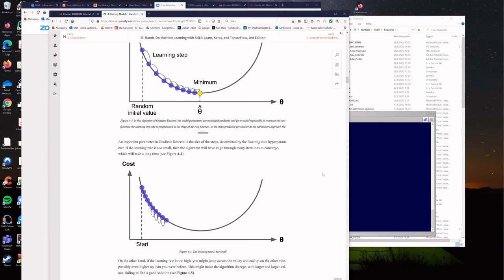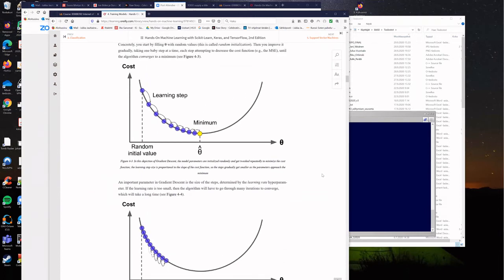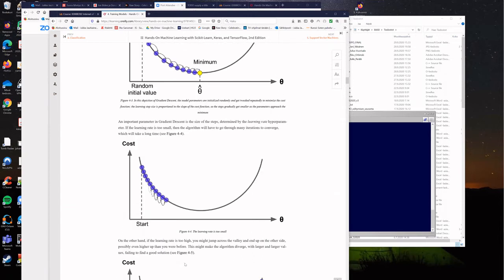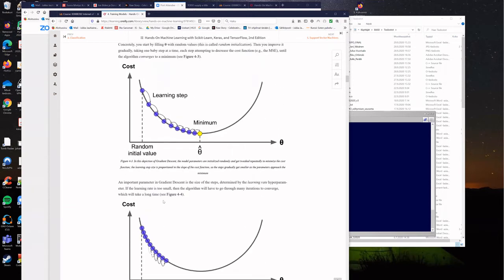The important parameter here is the size of the steps you take. If the step is too small, it takes a very long time to reach the minimum, of course. And usually it works like this: when you go near the minimum and the gradient value becomes smaller, then the step also gets smaller.